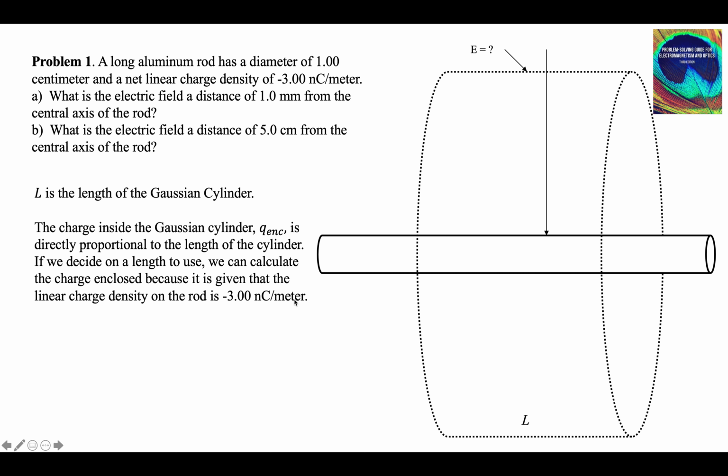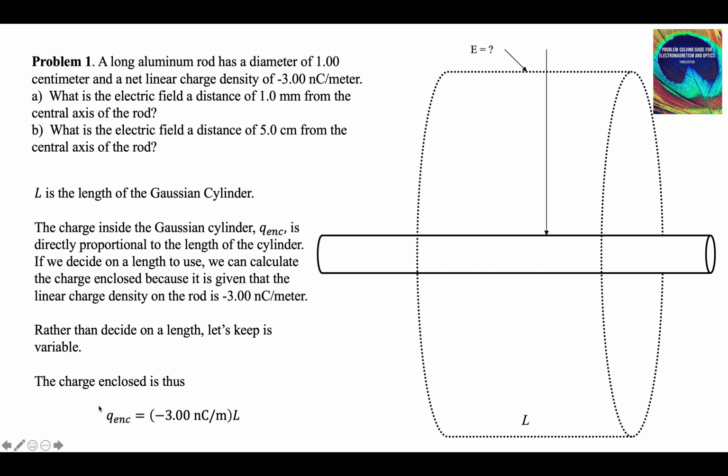If we choose a length of Gaussian cylinder of 2 meters, we have minus 6 nanocoulombs inside of it. If we choose 10 centimeters, we have minus 0.3 nanocoulombs. Let's leave Q enclosed as a function of L, like this. The Q enclosed inside our Gaussian surface is minus 3 nanocoulombs every meter times how many meters we have.